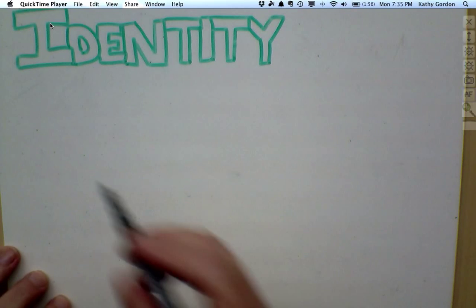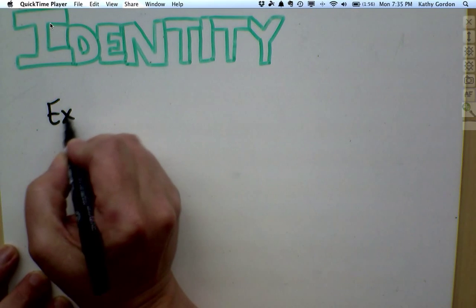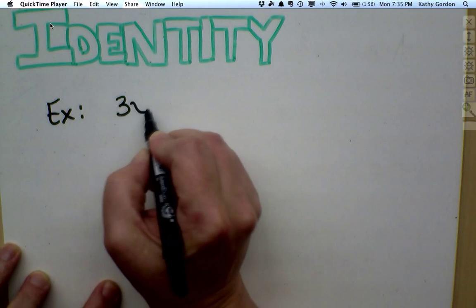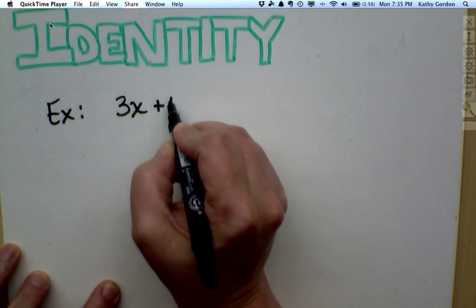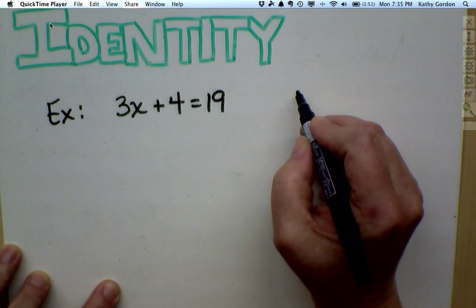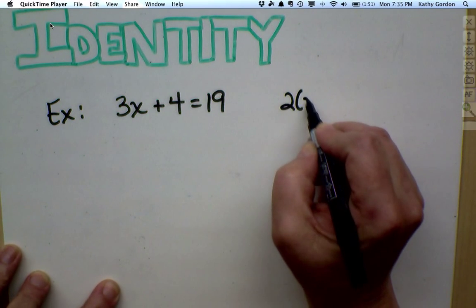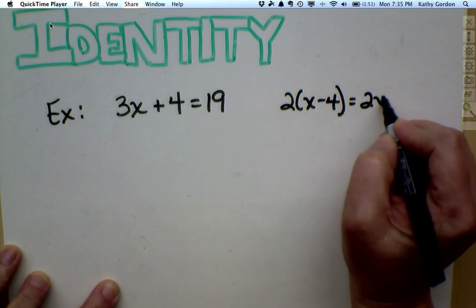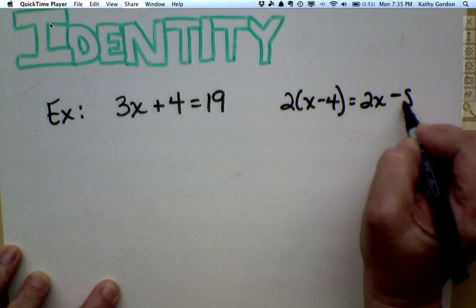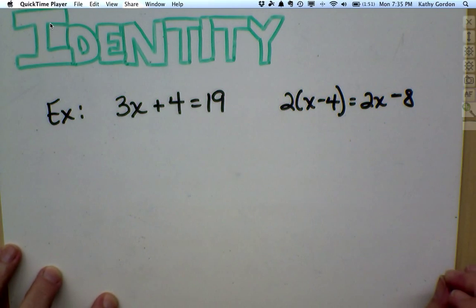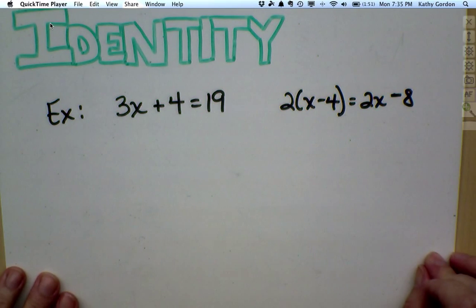Here's an example. What's the difference between having a statement like 3x plus 4 equals 19 or having a statement like 2 times x minus 4 equals 2x minus 8? Well, the difference is what values make the statement true.